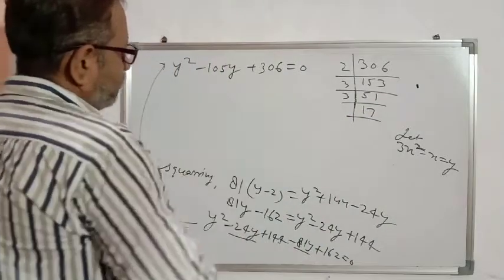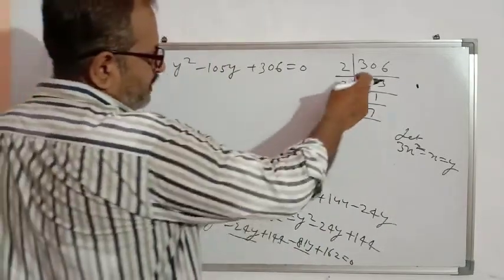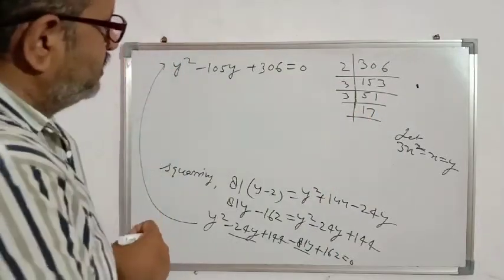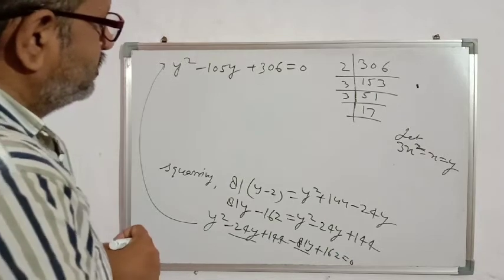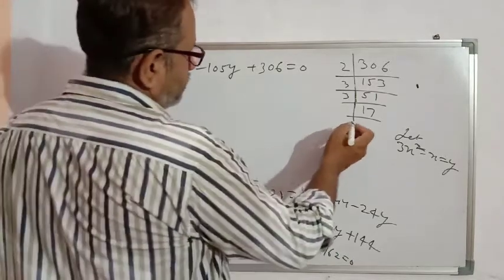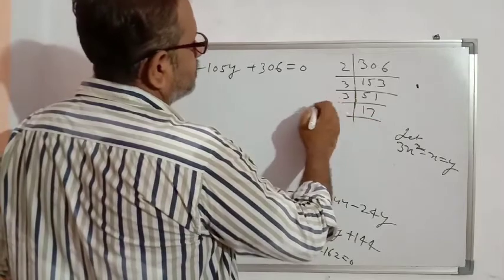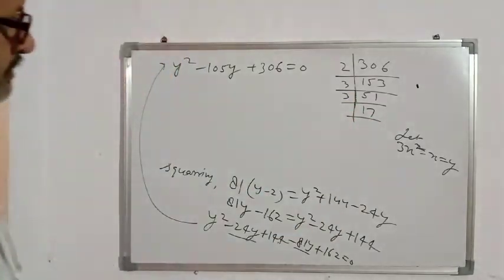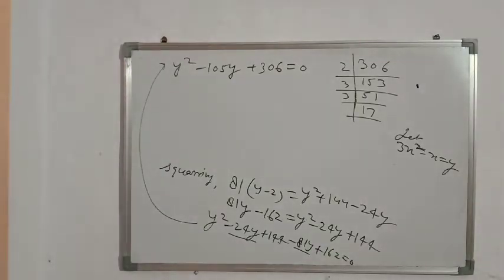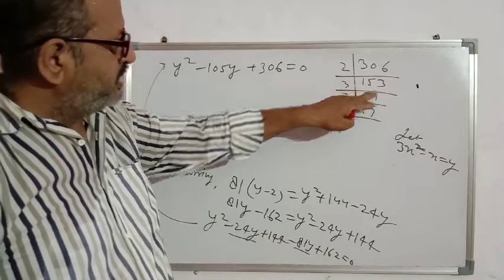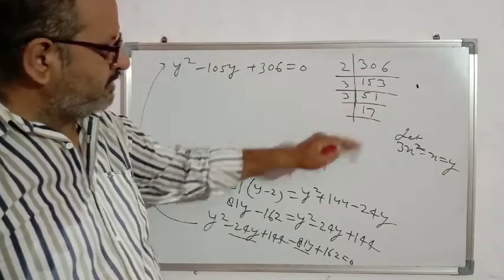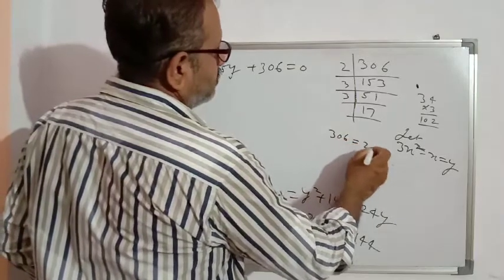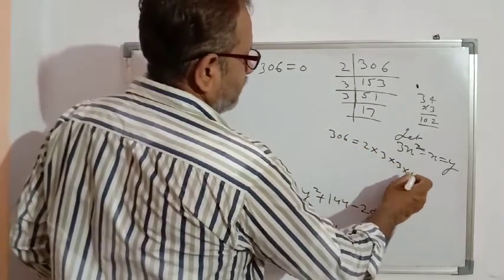We have to get 105, so we have to take two factors of 306 whose sum will be 105. 306 is equal to 2 into 3 into 3 into 17.